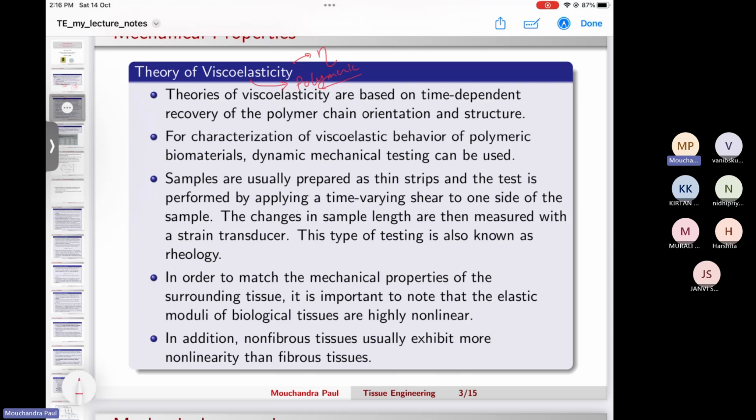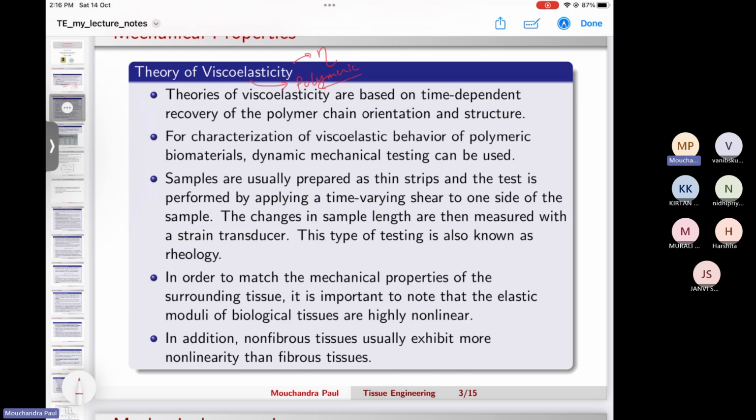So this viscosity property is usually defined for fluids, whereas elasticity is usually defined for solids. But there are some materials which display both the viscous nature and the elastic nature. Those are called viscoelastic materials. Most polymers are viscoelastic in nature, so we use the theory of viscoelasticity to characterize various kinds of polymers.